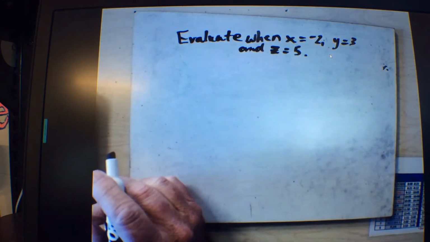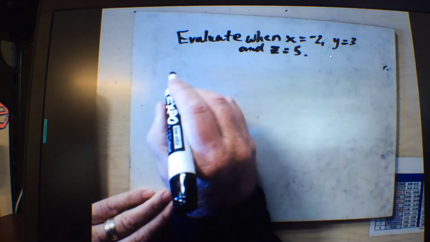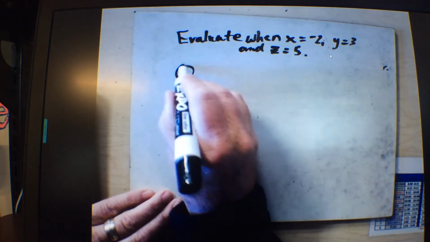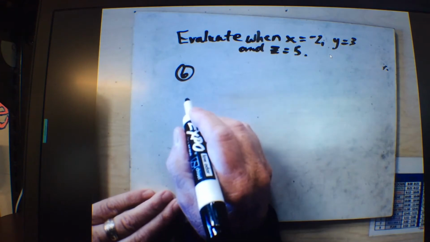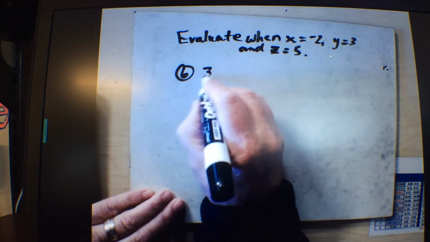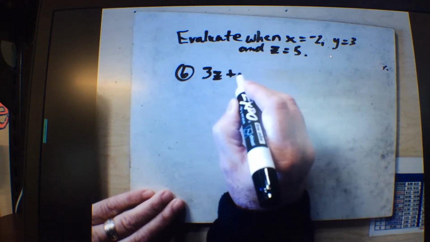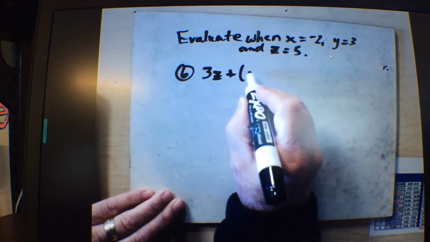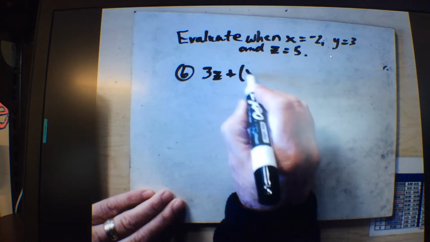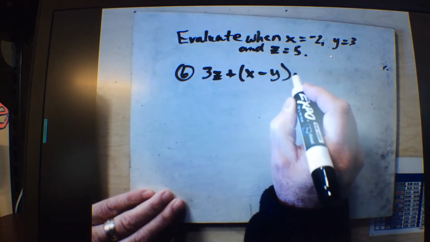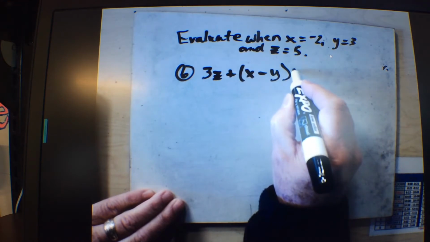Okay? So what number am I on? 6? Alright, 6. So I'm going to have 3z plus x minus y times z.